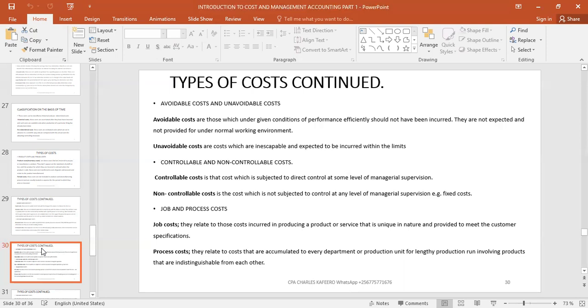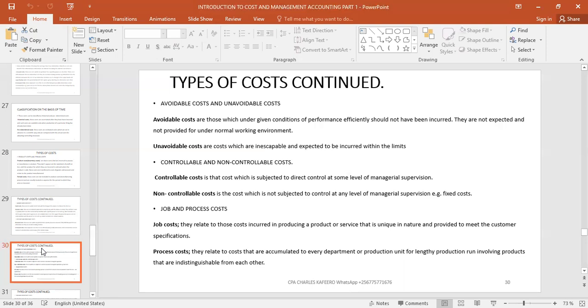It's like when you are buying material from a certain supplier, you may find that there are certain costs which can be avoided, so that you make the goods a bit cheaper.